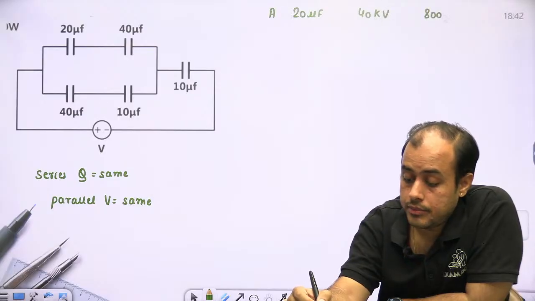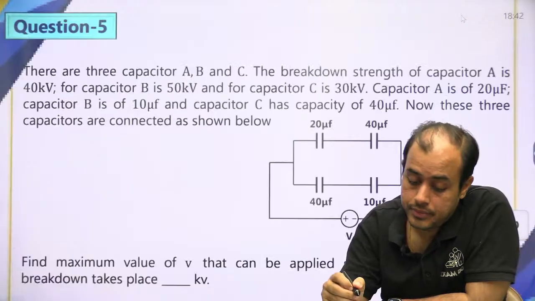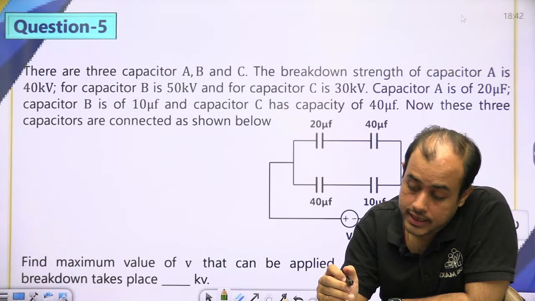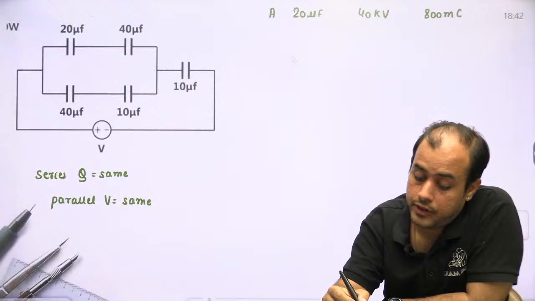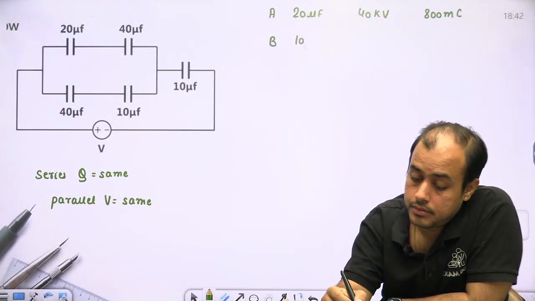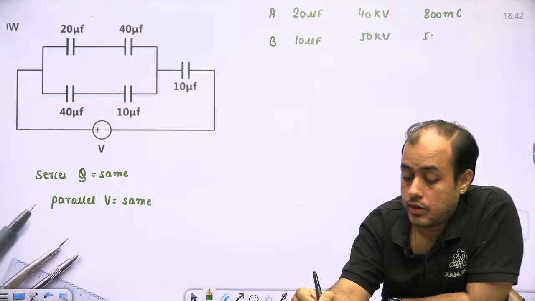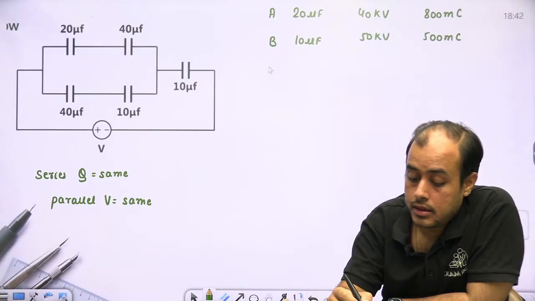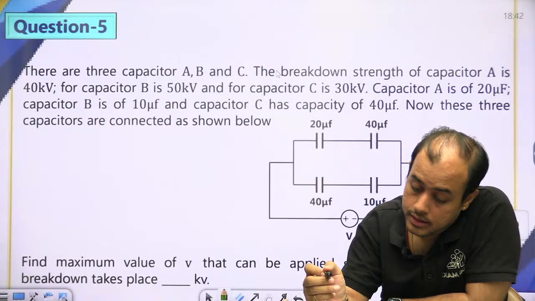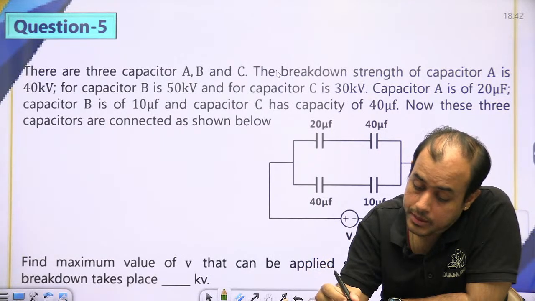So CV. Okay. Next is 50 kV, 10 microfarad. 500 millicoulomb. Next is 30 kV, 40 microfarad.